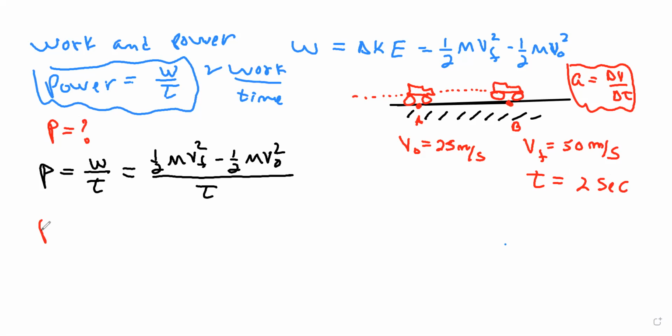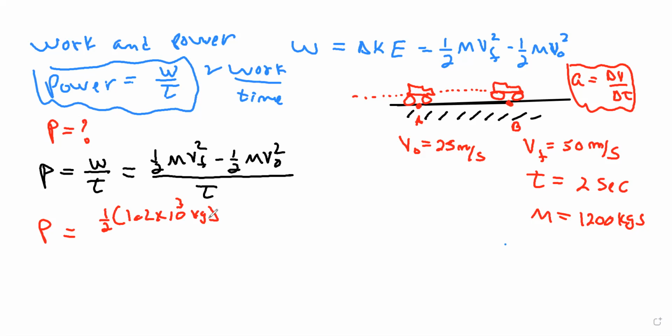Okay. So let's get the power here. So the power is going to be equal to... they're going to give us the mass too. The mass is going to be 1,200 kilograms. That's the mass of your car. So your power is going to be 1/2 of your mass, and your mass is 1.2 times 10 to the third power kilograms.